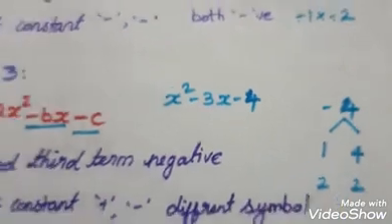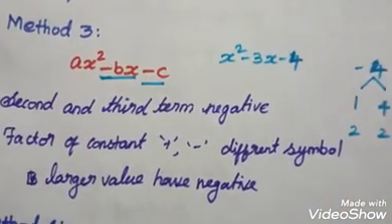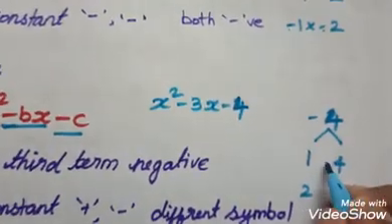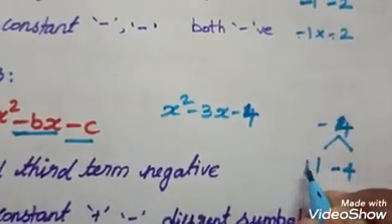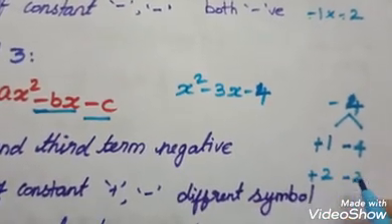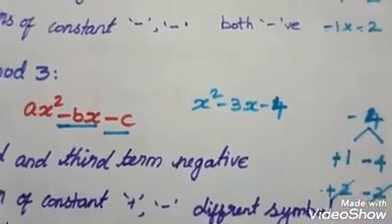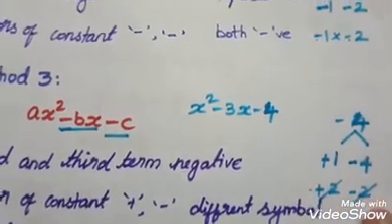These are the factors. With different symbols, we take the larger value as negative, so the smaller value is positive. Here 2 and 2 are both the same, while one should be positive and one negative. So plus into minus, minus, 2 times 2 is 4, but the difference becomes 0, so the second one is not possible.